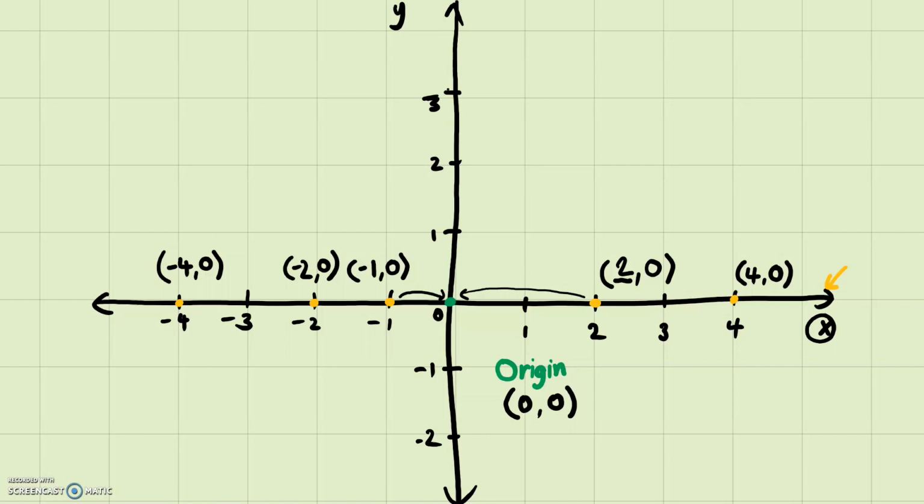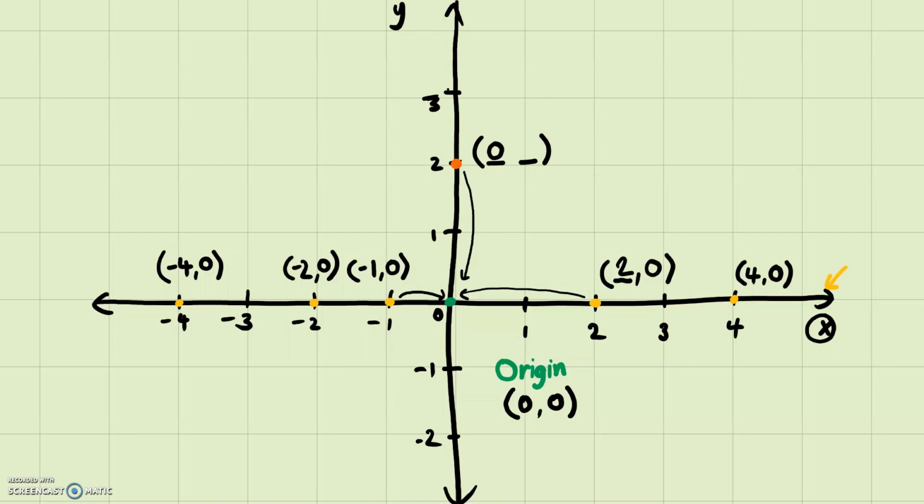Now what about the points on the y-axis? For example, this point right here. What are the coordinates of that point? The x-coordinate and the y-coordinate. The x-coordinate, you have to look at the horizontal line, right? And the x-coordinate is 0.